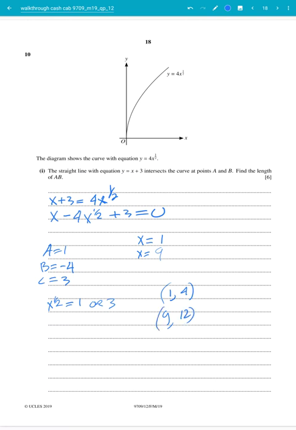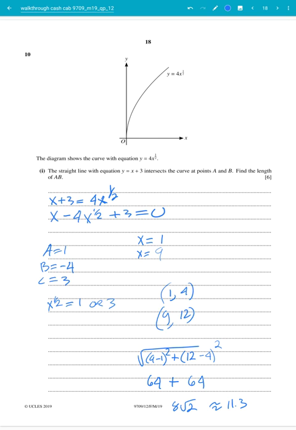So there we go. And then we're going to take the square root. So it's the change in x squared plus the change in y squared. So 12 minus 4. So 64 plus 64. So 8 square root of 2 is what that simplifies to as the distance, which is approximately 11.3.